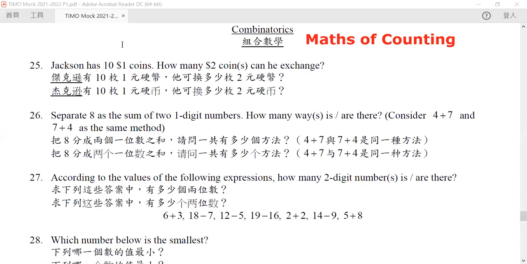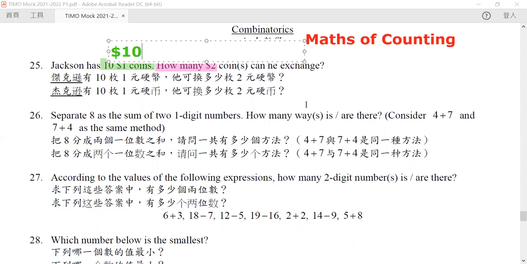Jackson has 10 $1 coins. So what's the value of these 10 coins? Each of them is $1, so there are tens of them, and hence it will be $10, right?